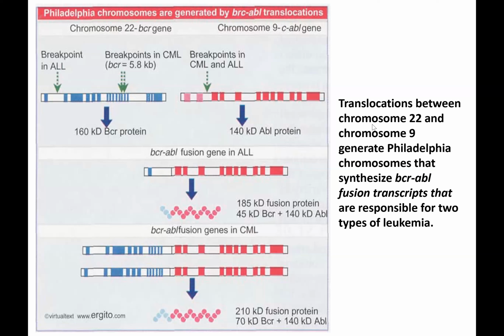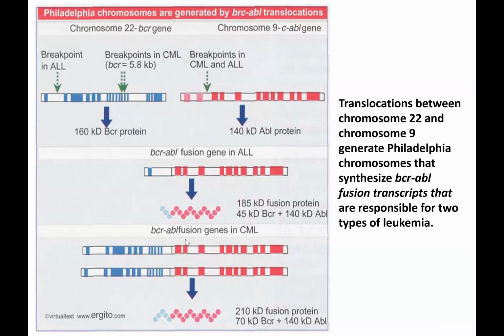So what is happening if the BCR gene breaks here and joins with this point? It generates a BCR-ABL fusion gene, and this kind of arrangement is seen in ALL patients. Similarly, if it breaks here and joins here, it generates this fusion arrangement, which happens in CML patients, that is, chronic myelogenous leukemia patients.